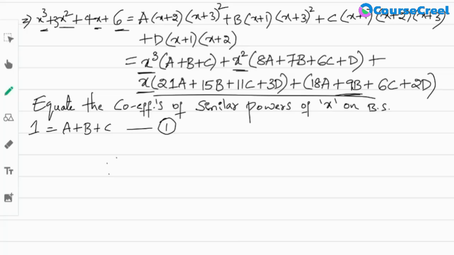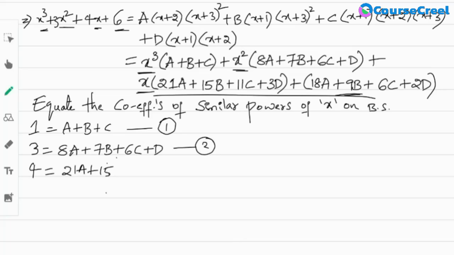This is termed as equation 1. And by equating the coefficients of x², we get 3 equals 8A + 7B + 6C + D as the second equation. And by equating the coefficients of x on both sides, we get 4 equals 21A + 15B + 11C + 3D as the third equation.